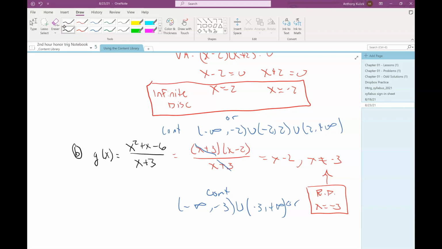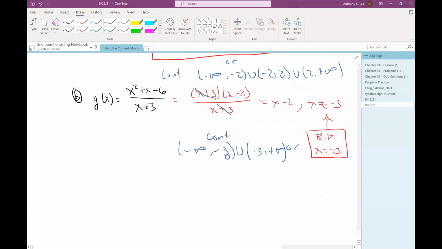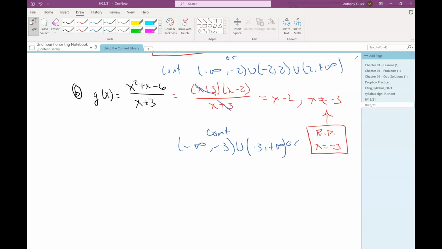Is everybody okay with that idea? It's like we're asking a different question, but it's the same information, right? If I tell you where it's discontinuous, then everywhere else it's continuous. If I tell you where it's continuous, the place where it's not is discontinuous. I can't tell the kind of discontinuity without the equation, but if you tell me where it's continuous, I know there has to be some kind of discontinuity there.